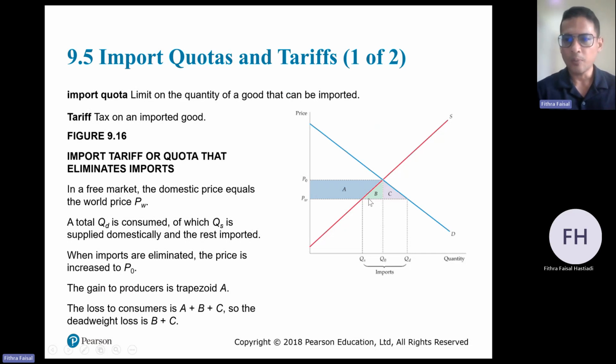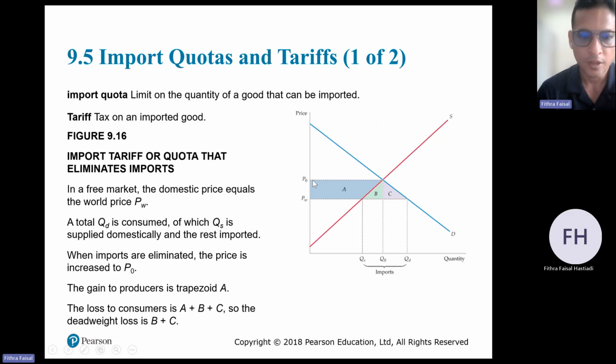As a result, because we have this gap, we need to import the goods, which is fine for the consumers, because we as consumers can pay a much lower price. So the consumer utility should be better off when imports are allowed.